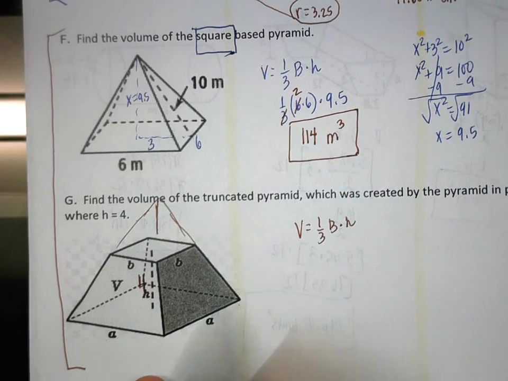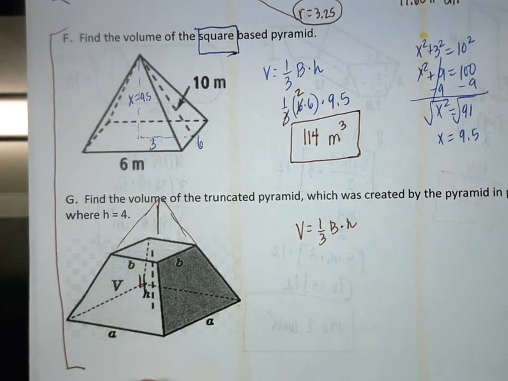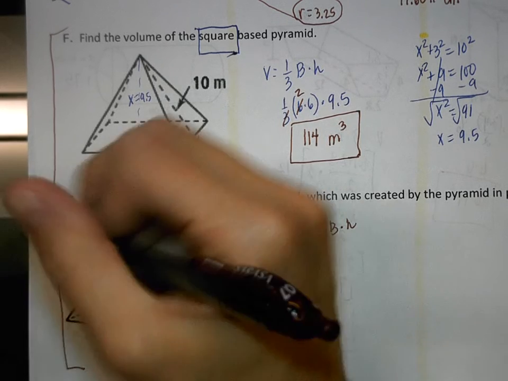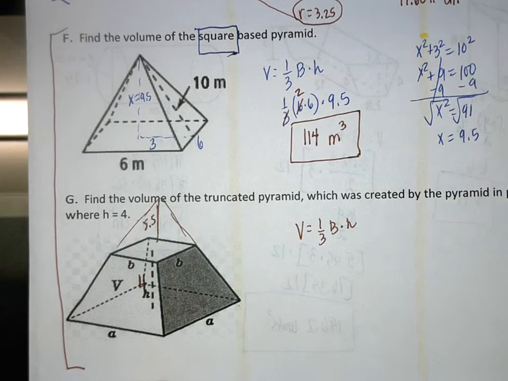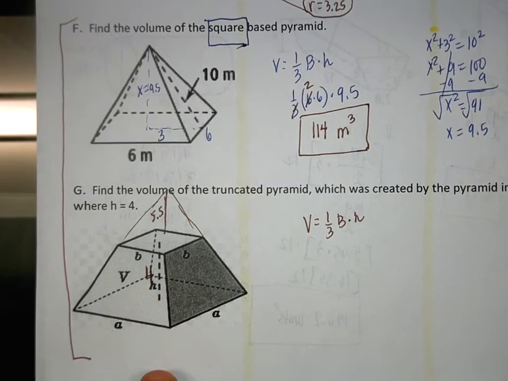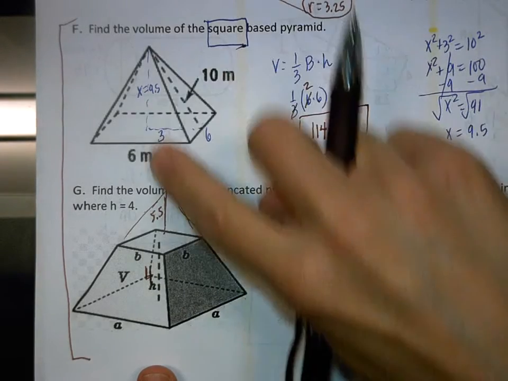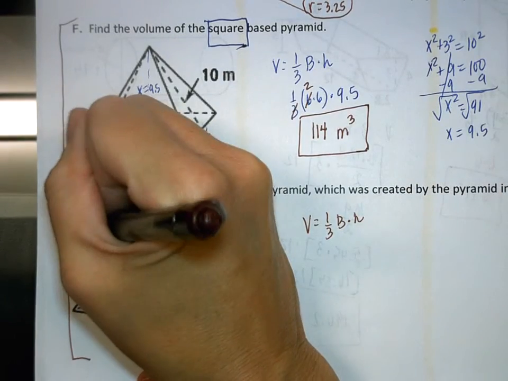If this height is 4, what's the height of the piece that was cut off? 5.5. Where did I get that 5.5 from? Because you subtracted that height from the original height. Right, we found our original height was 9.5, right? And so we're taking 9.5 from my original height.